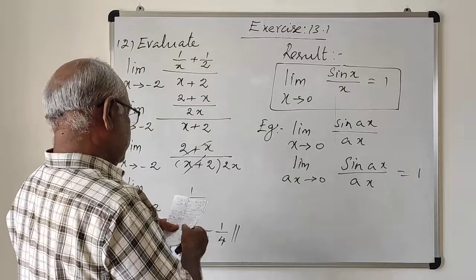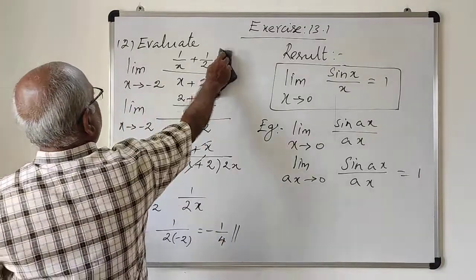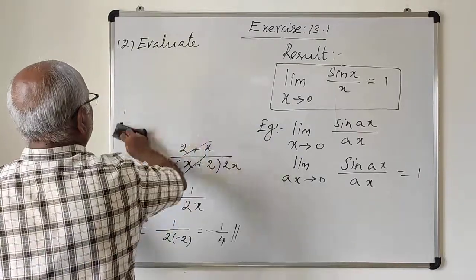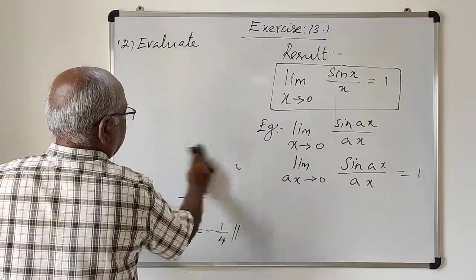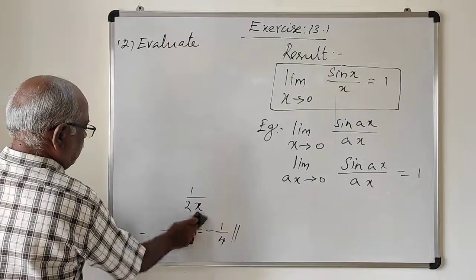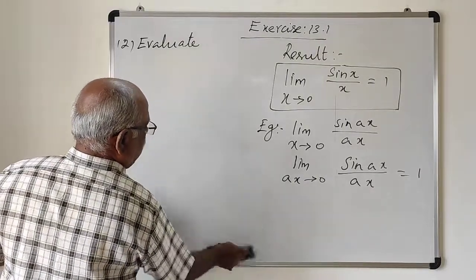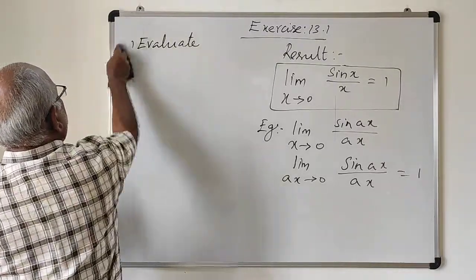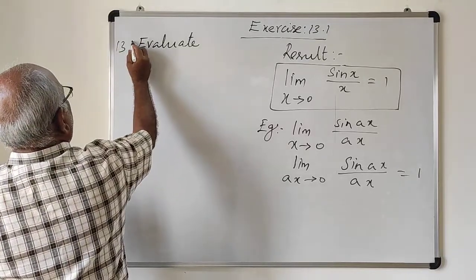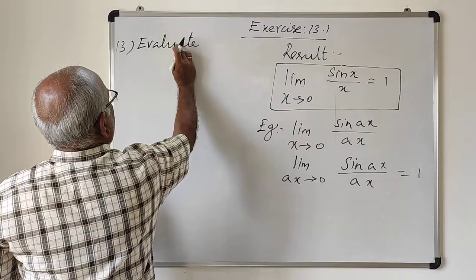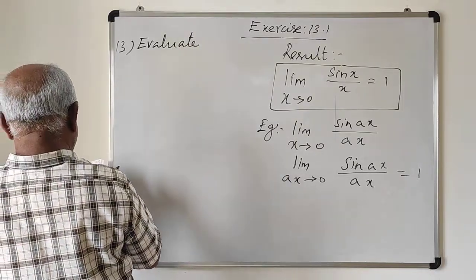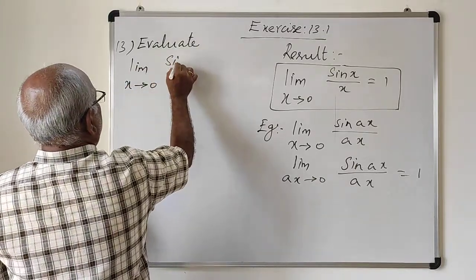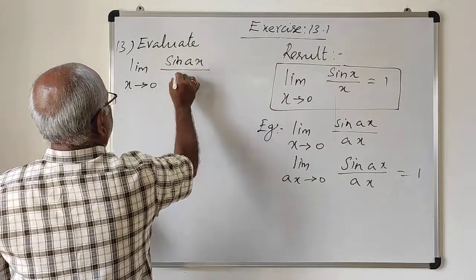Next, using this result, I am going to solve problem number 13. Evaluate the 13th problem: limit x tends to 0, sin ax by bx.